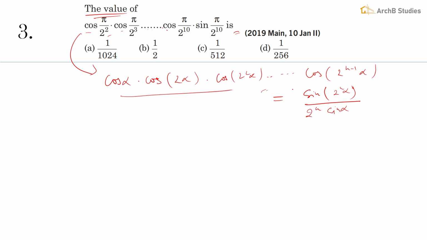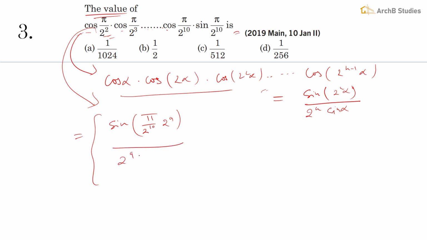so now we have this problem: sine of pi upon 2 to the power 10 into 2 to the power 9, upon 2 to the power 9 into sine of pi upon 2 to the power 10.